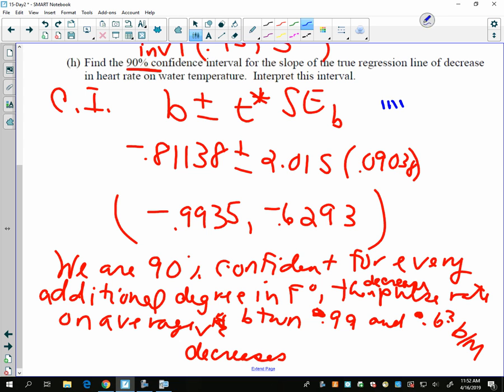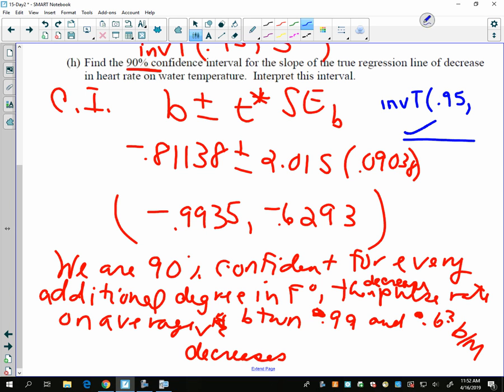Inverse t. If it's a 90% confidence interval, what's the area to the left? 0.95.